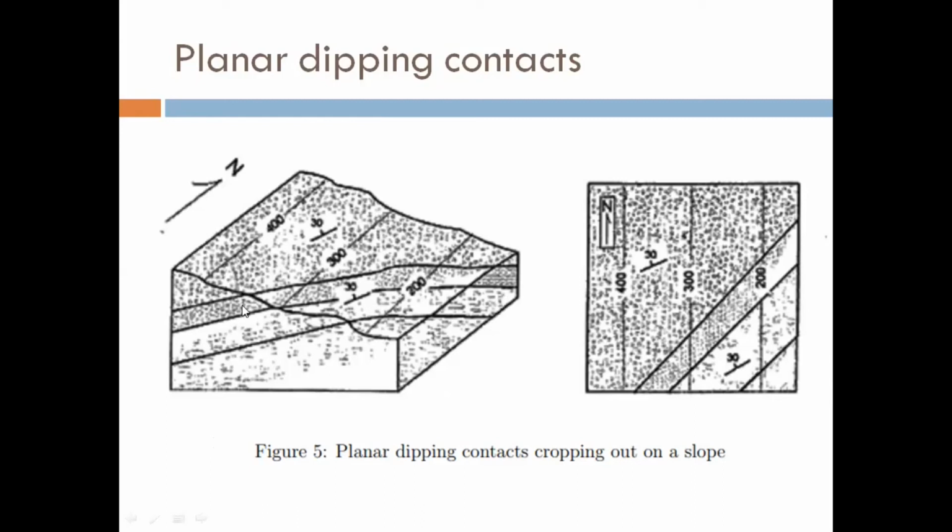However, in this figure, the contour lines and the geological contacts are not parallel, as was in the last case, and you can appreciate that these layers are dipping, like this layer is dipping, and then this layer is dipping, and these layers are dipping towards northeast.